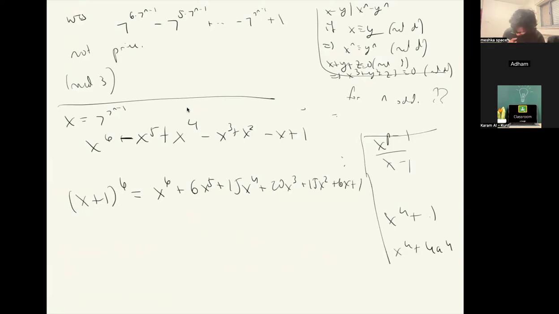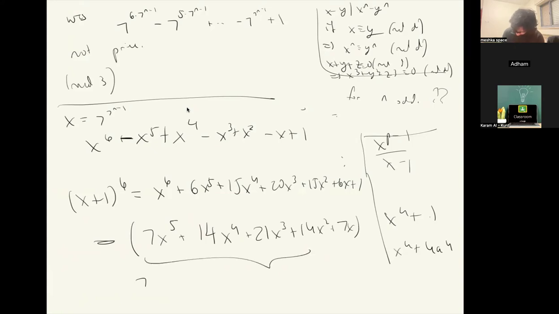Okay, and then this becomes what? So minus now 7x to the fifth plus 14x to the power 4 plus 21x cubed plus 14x squared plus 7x.